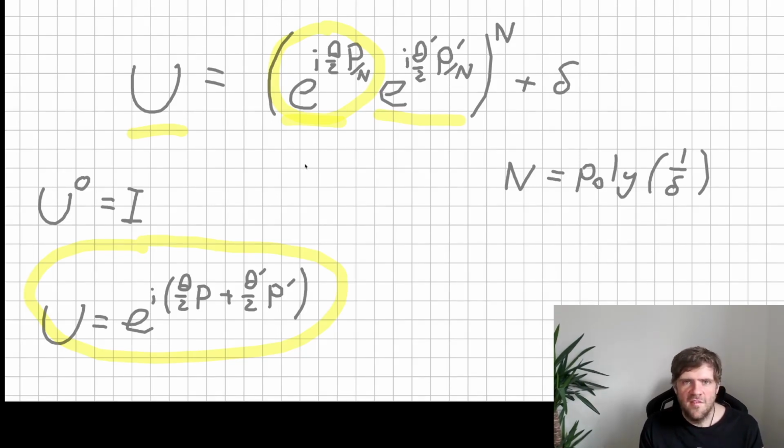The more repetitions we take and the tinier the slices are, the better the approximation. Okay, so that is sufficient for explaining how to do it for this specific case where we have two Paulis, but more generally we will have more in here.